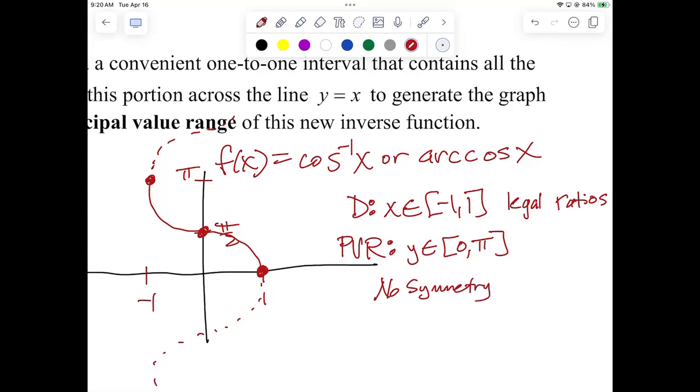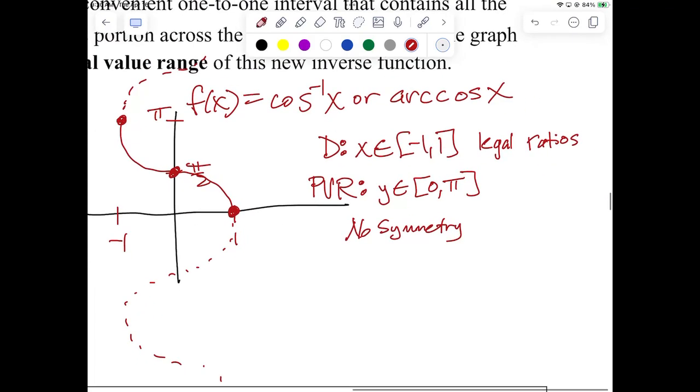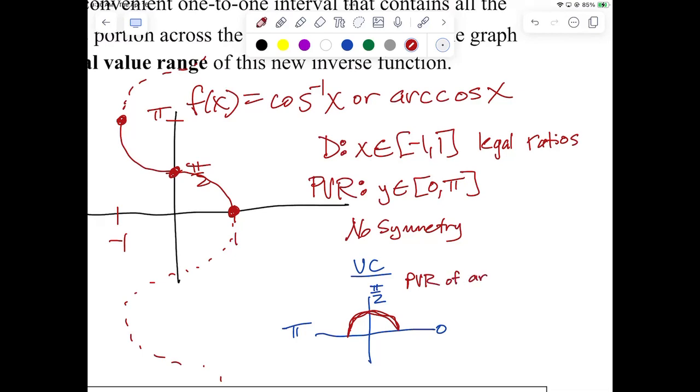Unfortunately, there's no symmetry. But here's the unit circle implication. On the unit circle, from 0 to pi, passing through pi halves, here is the PVR of arc cosine of x. It's positive in quadrant 1, it's negative in quadrant 2.